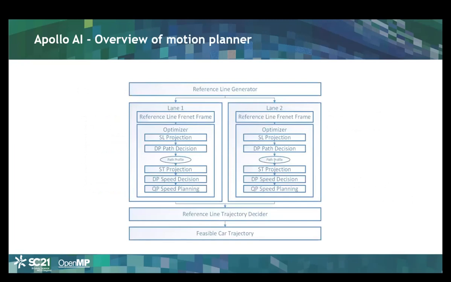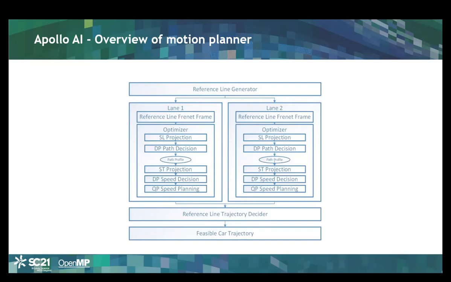So the motion planner has first a reference line generator. Different lines are generated. Those are optional lines of action for the vehicle. Each of the lanes is then optimized.